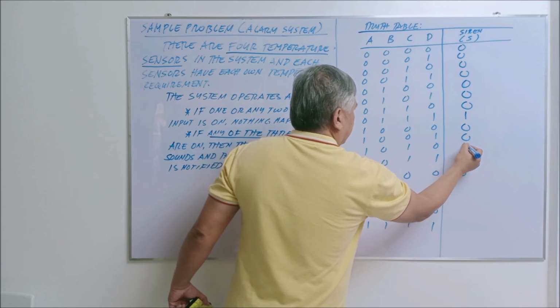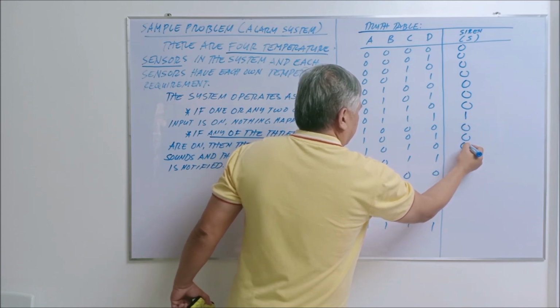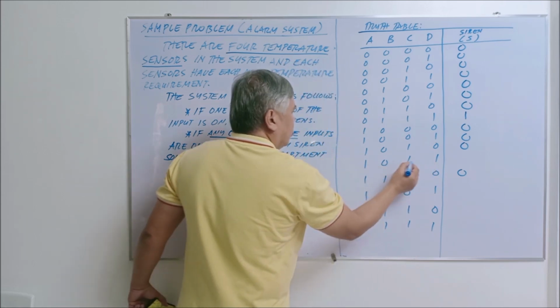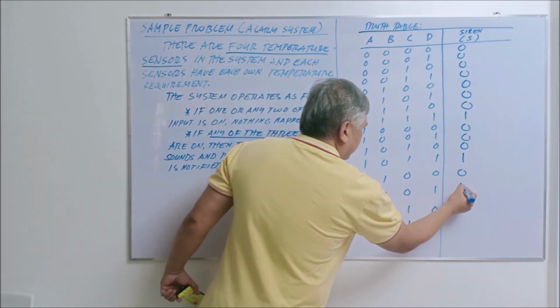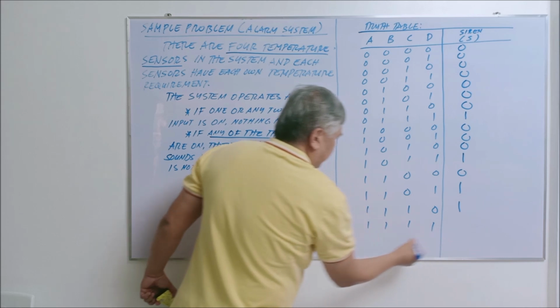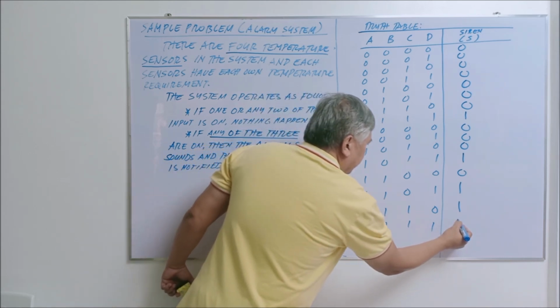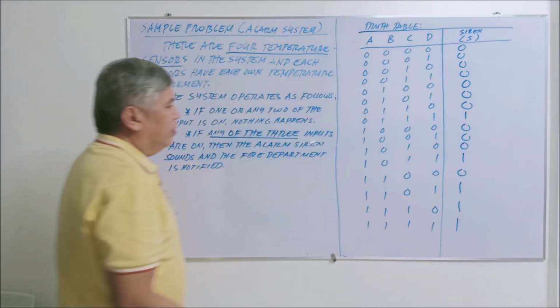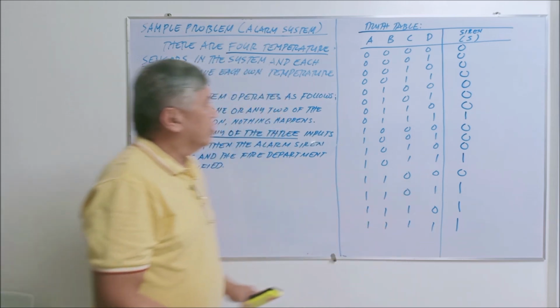So this one here is 0, and this one here, you have 3 inputs on, and 3 inputs on, with any of the 3 inputs on. So this one here will still be equal to 1. Okay, so this will be our truth table.